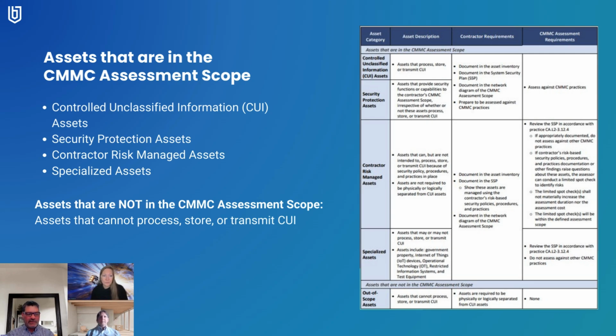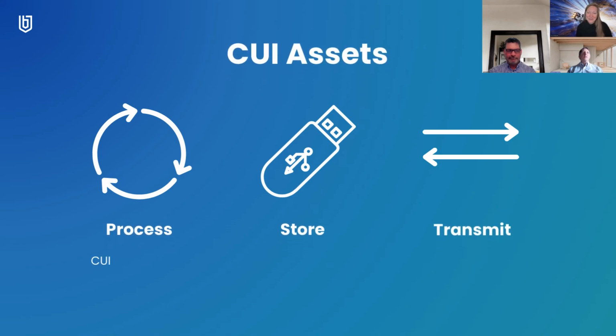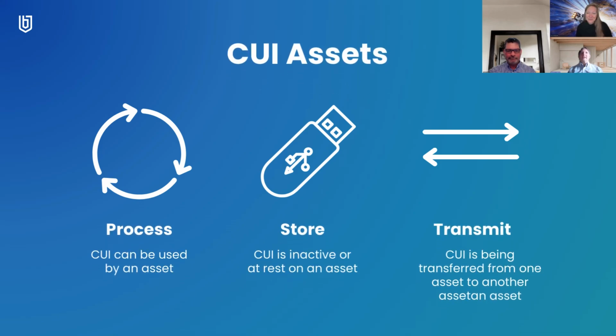That's brilliant. And so let's go into the assets. Before we move on, the thing that I would mention is, remember, we're not just talking about information in digital form. You may well have CUI on paper that needs to be protected as well. So we'll get into that.